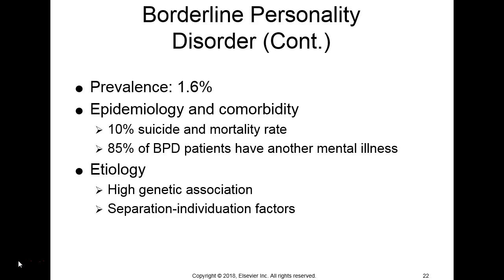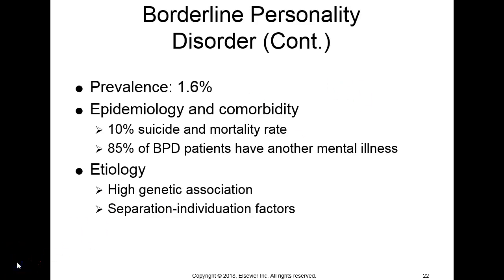Think about infancy, when babies are supposed to be bonding with their parents, and the baby then develops trust. If the baby's not developing trust very much, they're going to have some problems with separating and individuating as an individual person as they grow older.